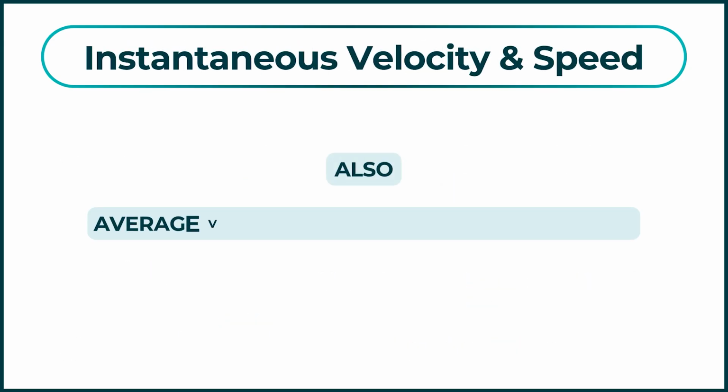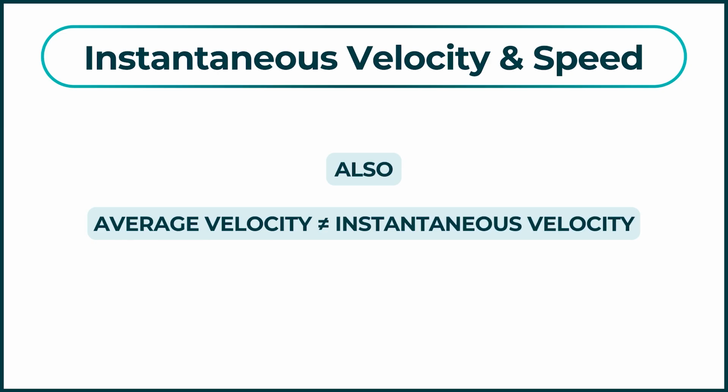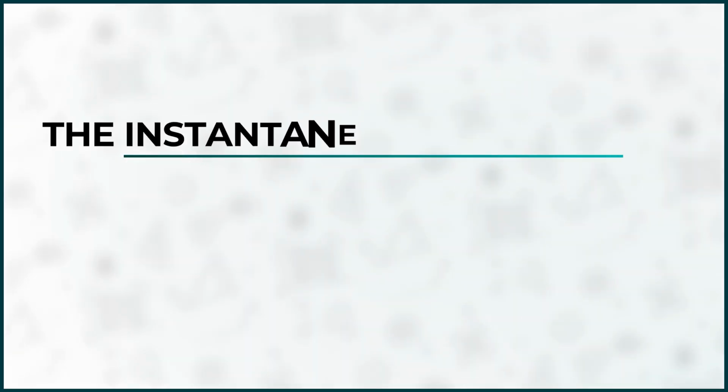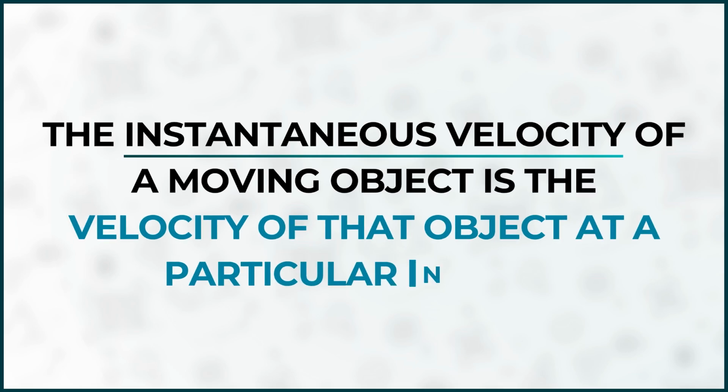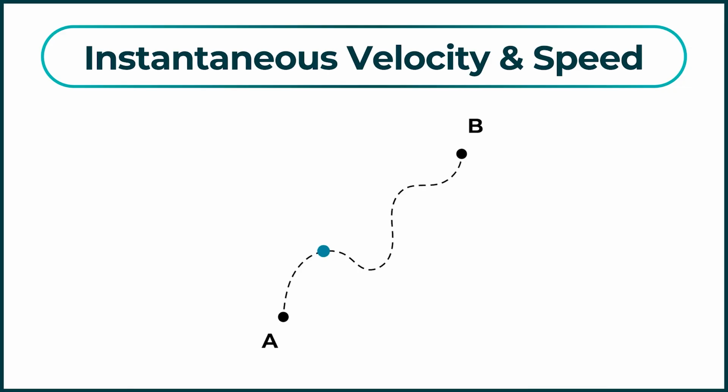The average velocity we just calculated is different from the instantaneous velocity. The instantaneous velocity of a moving object is the velocity of an object at a particular instant. For example, at this particular instant, the boy might be moving at an instantaneous velocity of 1.5 meters per second in the east direction.